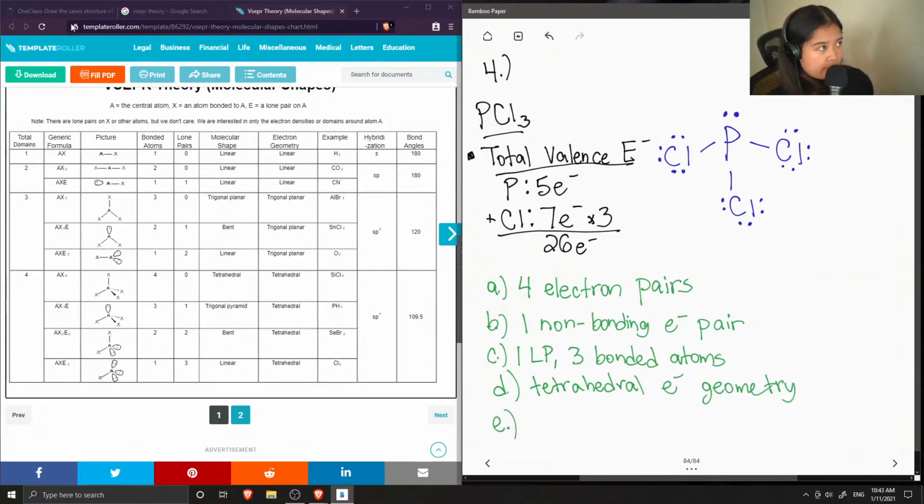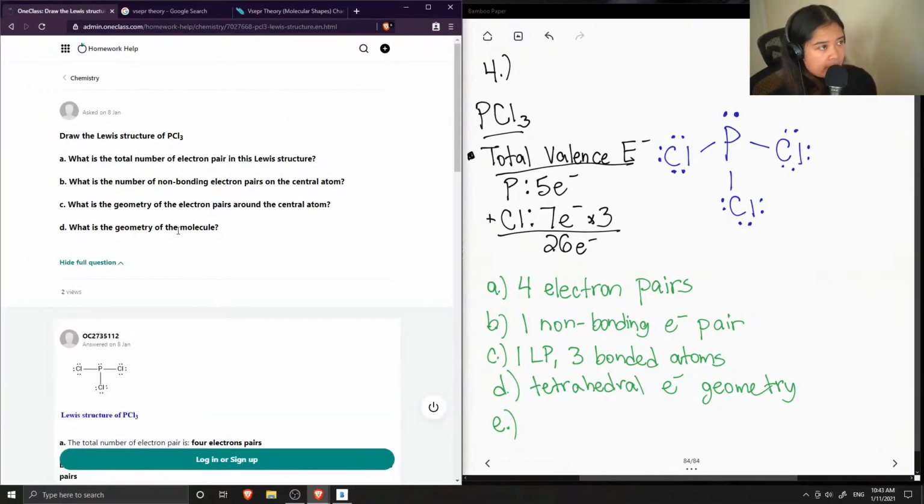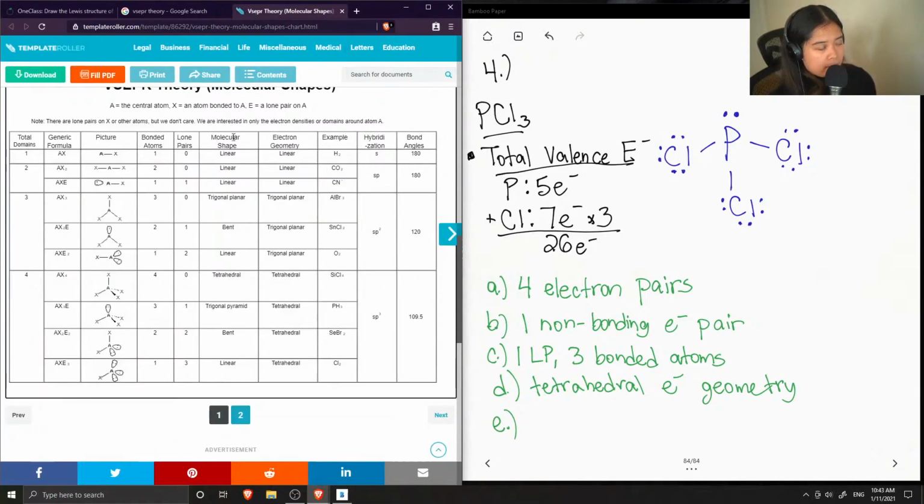And then for part E, what is the geometry of the molecule? This corresponds to this column, which is molecular shape. And you can see that it is trigonal pyramid.